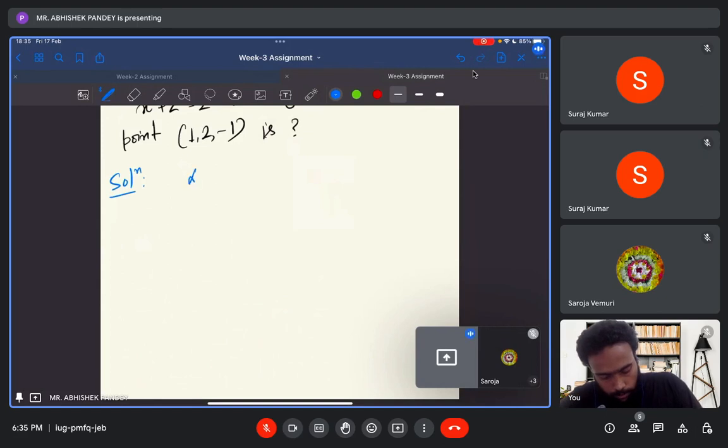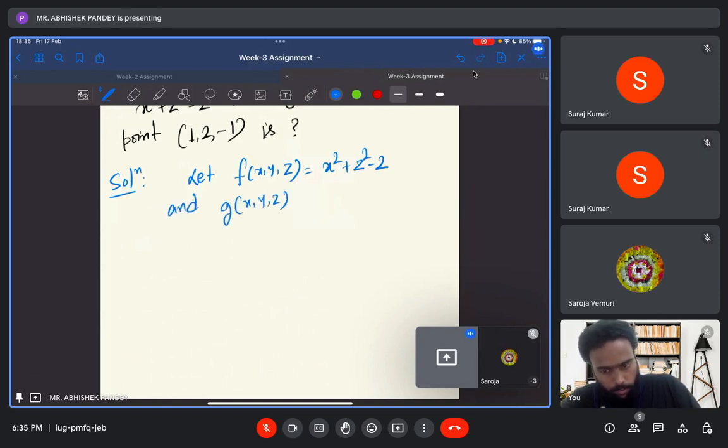so let f of x, y, z be x square plus z square minus 2 and g of x, y, z be y square plus z square minus 5.